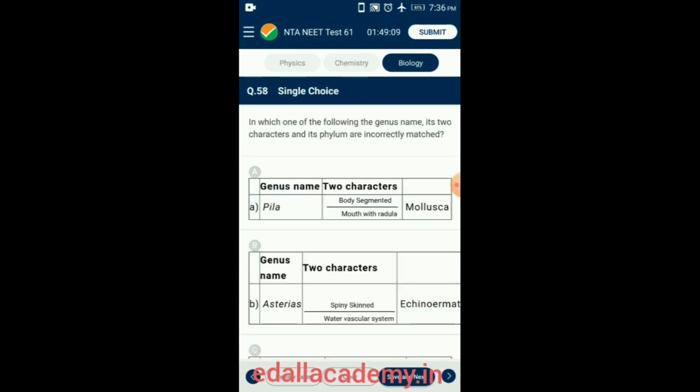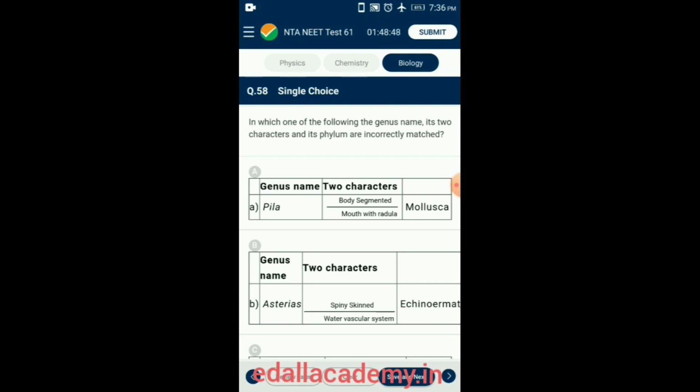Question number 58. In which one of the following the genus name, its two characters and its phylum are incorrectly matched? Mollusks are soft-bodied animals, bilaterally symmetric, triploblastic, and coelomate.